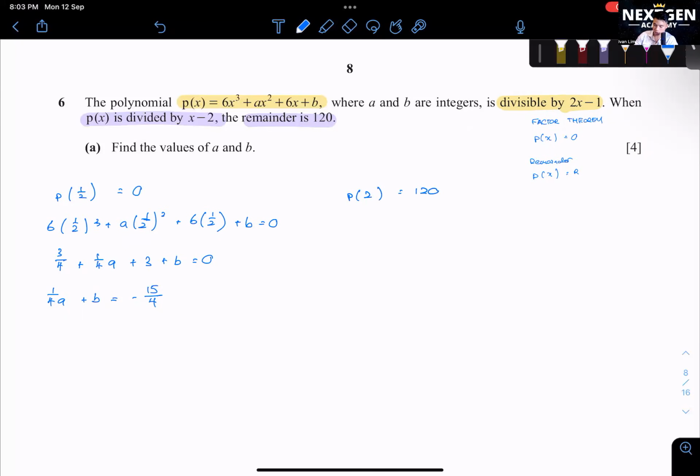This is based on the second statement here. Sub it in. 6 times 2 cubed plus a times 2 squared plus 6 times 2 plus b equals 120. We'll get 48 plus 4a plus 12 plus b equals 120. Then 4a plus b equals 60.